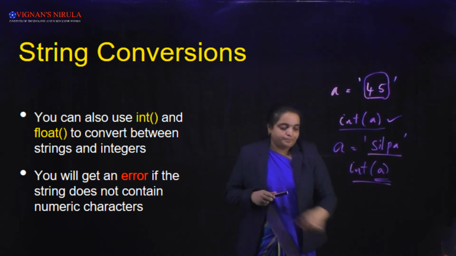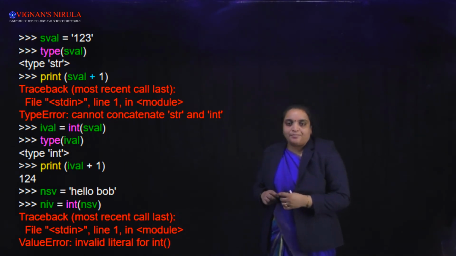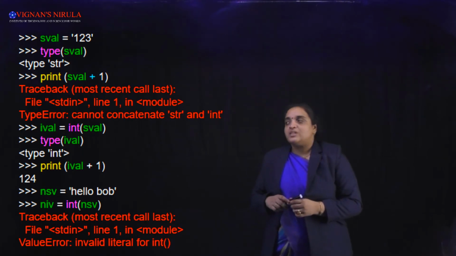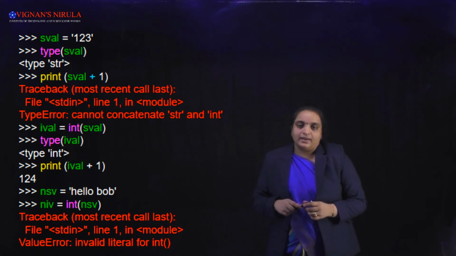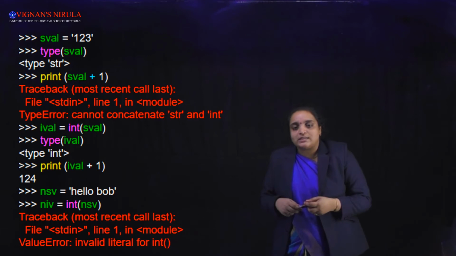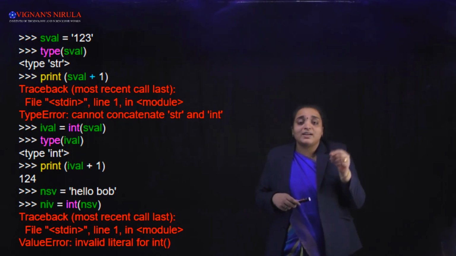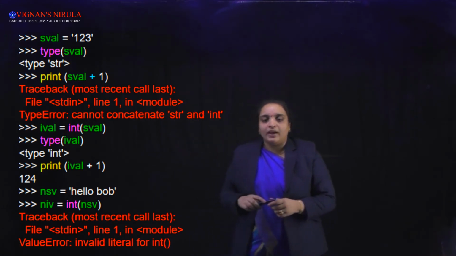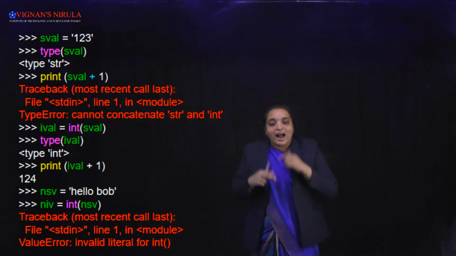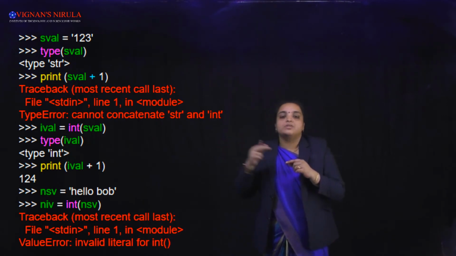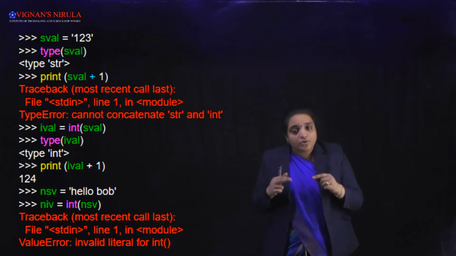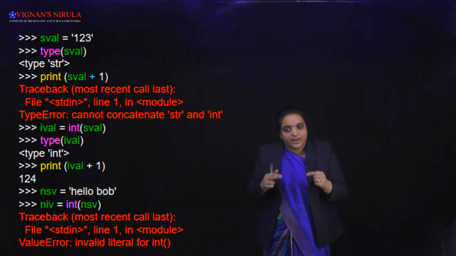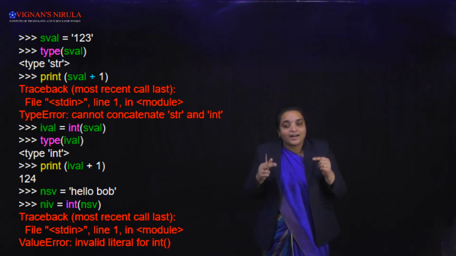Okay? Let us see this with an example. Here we have taken a value S which is assigned to 123. What type of value is it? It is a numeric value, but it is assigned as a string. So it is printed as type str. If you try to add a number to that value, it is an error, because it has integer digits assigned as a string, but it acts like a string itself.